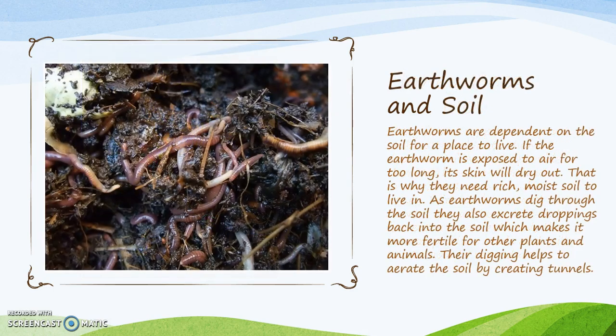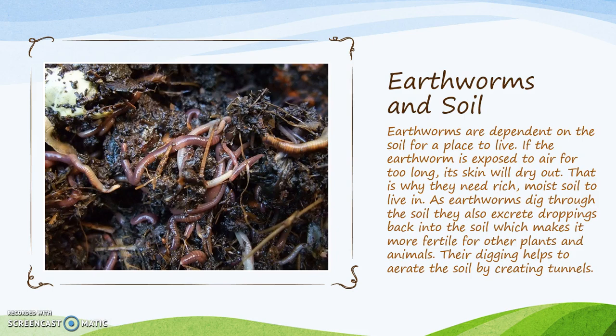Okay, so here's one we haven't seen yet, and this is a picture of earthworms in soil. So earthworms, they need a very wet, moist place to live because we've seen them out on the sidewalk, how when they get out there on the sidewalk, they get all dried up. Well, they really need soil to live, and that's usually where we find them when we go out and dig in our gardens, right?